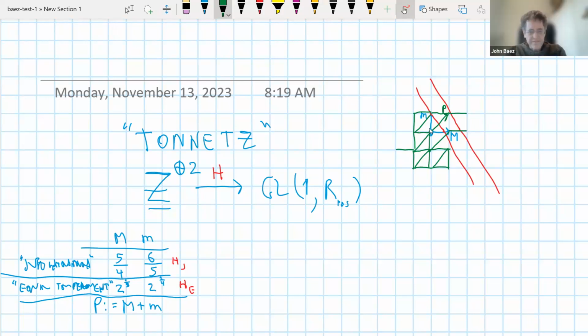Again, I've got these little Tonnetz pictures here, which at the moment I'm drawing made out of right triangles instead of equilateral triangles, but I'm probably threatening to make them look more equilateral at some point.